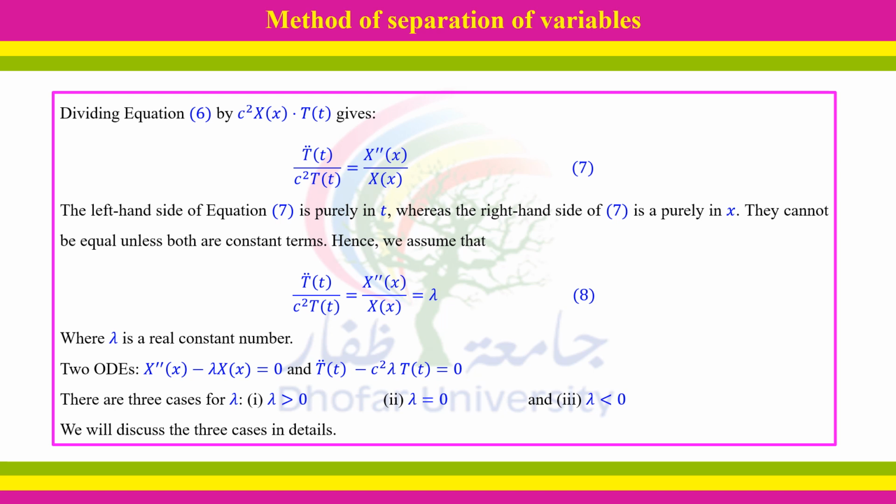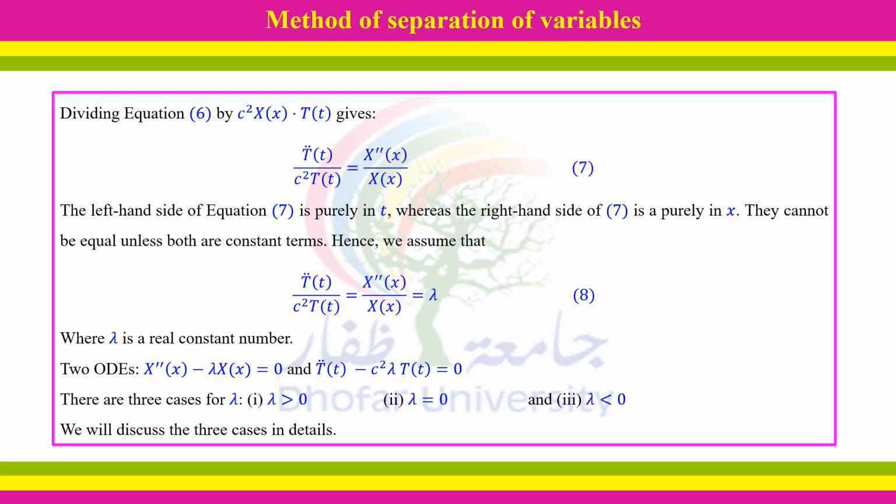And actually this can never happen unless both terms are constant. So we suppose that the two terms are constants and they are equal to some constant lambda, where lambda is some real number.